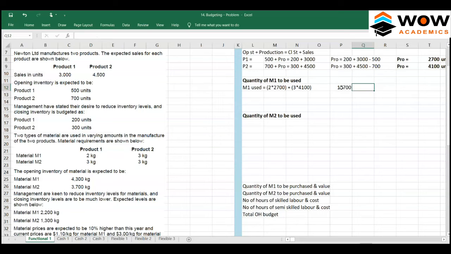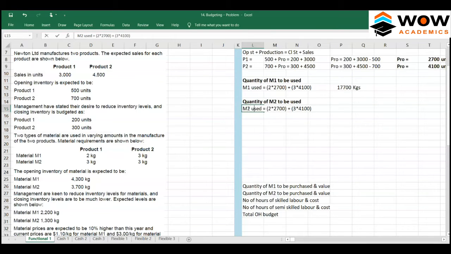This is how the kgs are required: 17,700 kgs will be used. We have to do the same for M2.